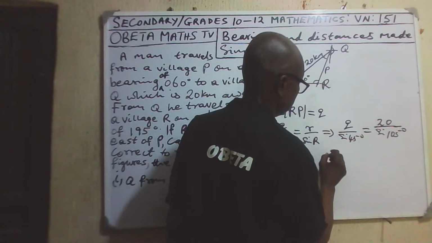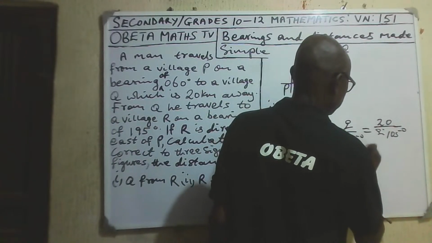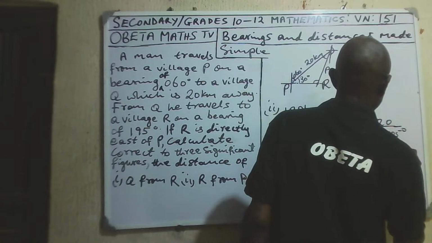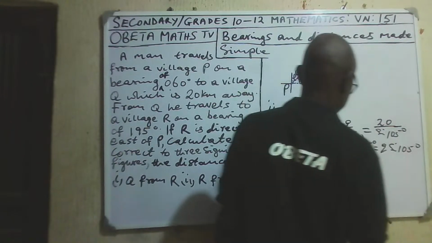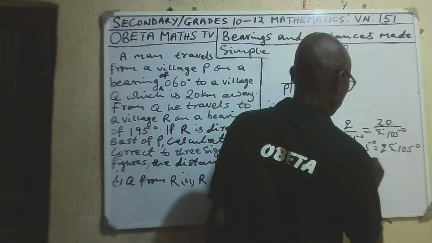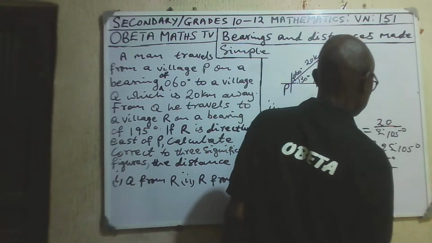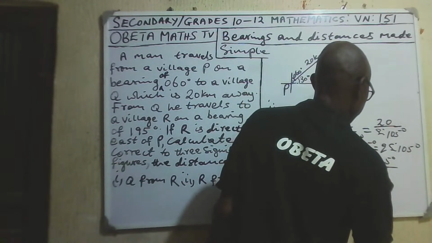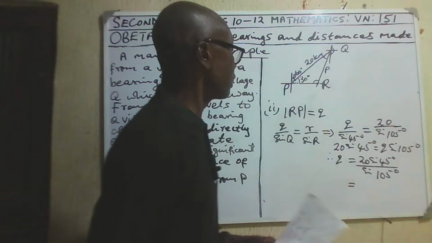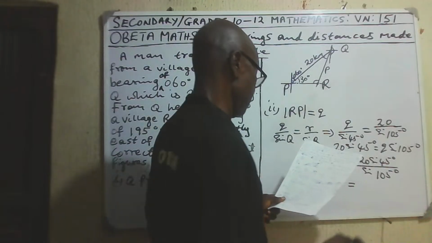And if we do that, we are going to have 20 sine 45 is equal to q sine 105 degrees. So that q should be equal to 20 sine 45 all over sine 105 degrees.